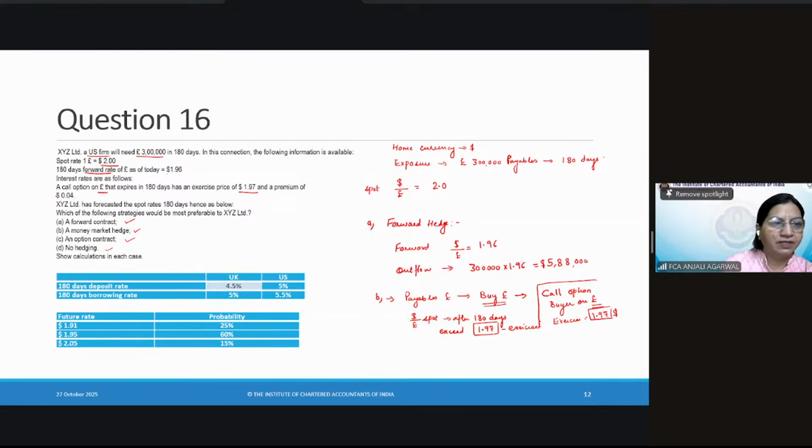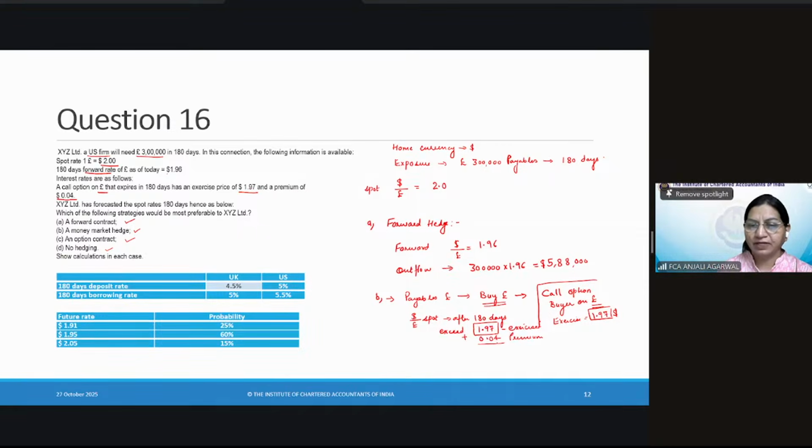We will buy our pounds from the market itself. And what is the premium that is payable? 0.04. So you can be assured that if the call option becomes exercisable, $1.97 per pound plus 0.04 premium.